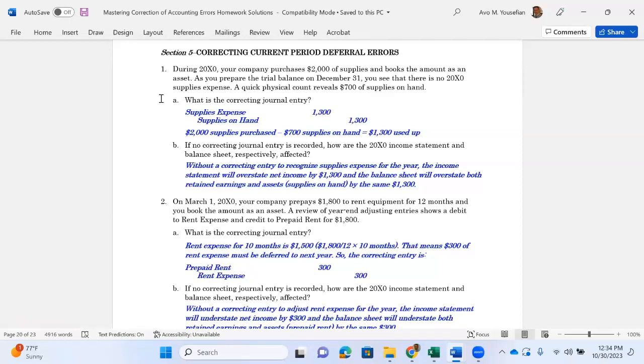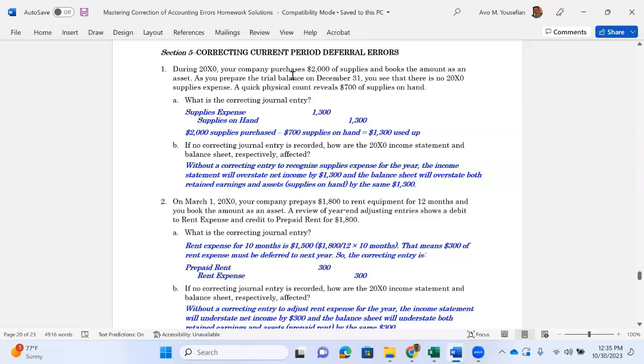And at the end of the year, you do a supplies room count and see what is left of those supplies. Whatever is left is unused. Whatever is missing is used. So you have to record supplies expense for the missing part.